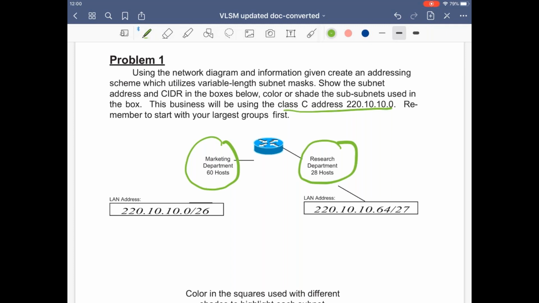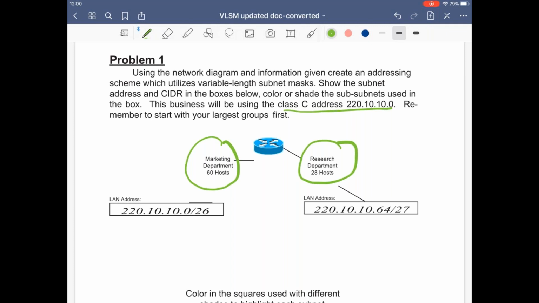For 60 hosts, the common class C address we have seen here is 220.10.10.0, that is a class C address.